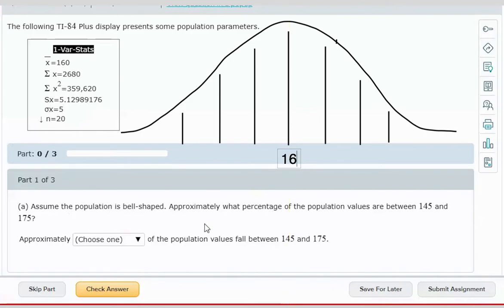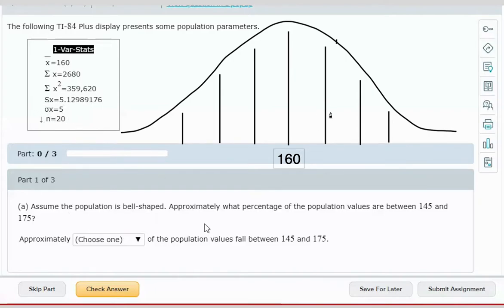as 160. And then the standard deviation, whether it's population or sample, tells you how spread out the data is, so how far from the mean most of the data is. Since they refer to this as the population, we're going to use the population standard deviation of 5.